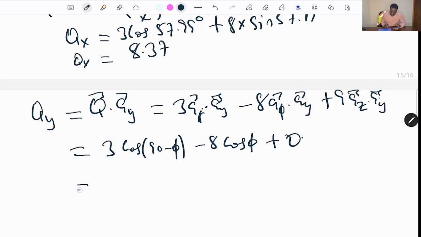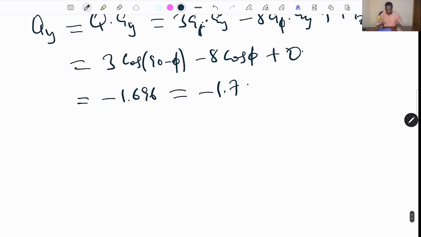So we end up getting minus 1.696, which is just the same as minus 1.7.